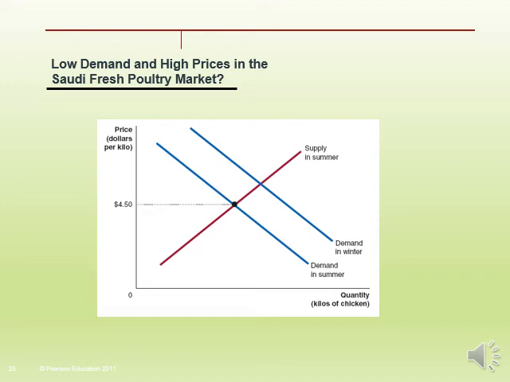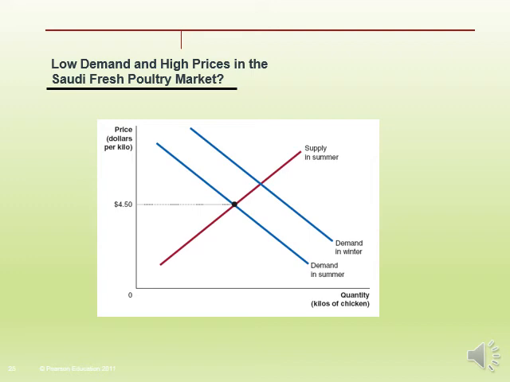So in the summer you've got that demand curve as being the demand for chicken. And with the supply, you've got the price at $4.50. But in the winter, what happens?